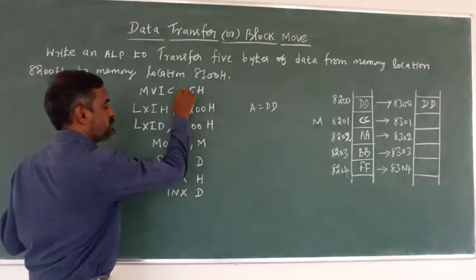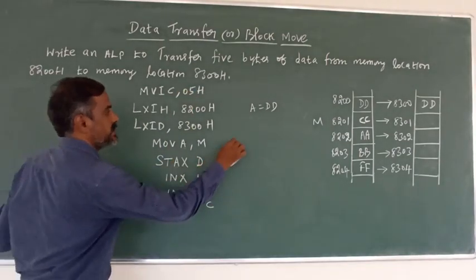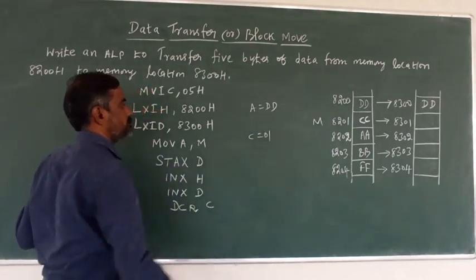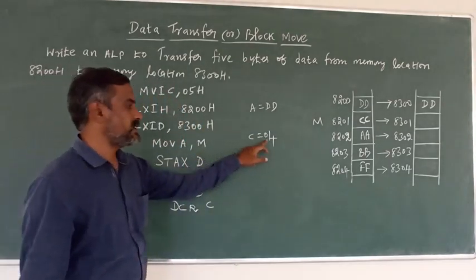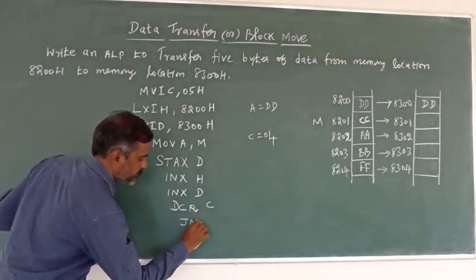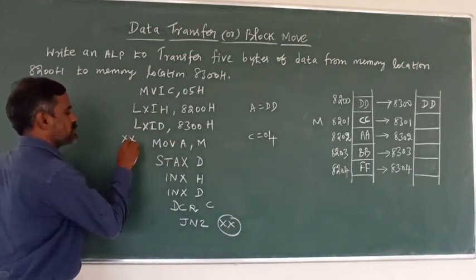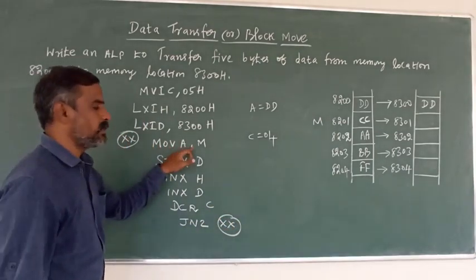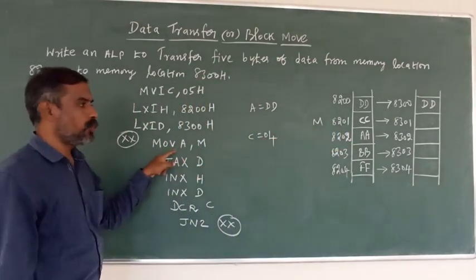Now to decrement the number of data, DCR C. Now C equals 04. Now check whether it is 0 or not. Not 0. Not 0 means jump to this memory address location, MOV A, M. Now this is a memory. Memory data again moves to the accumulator.